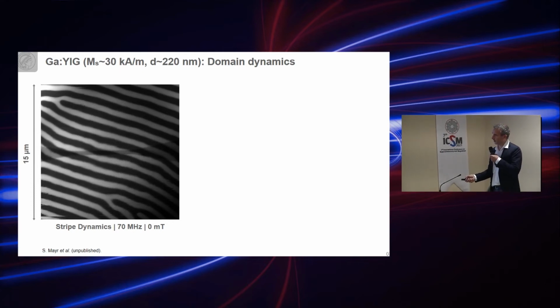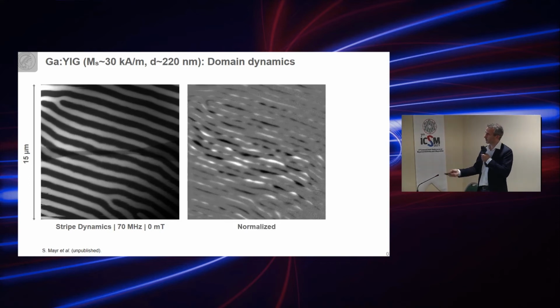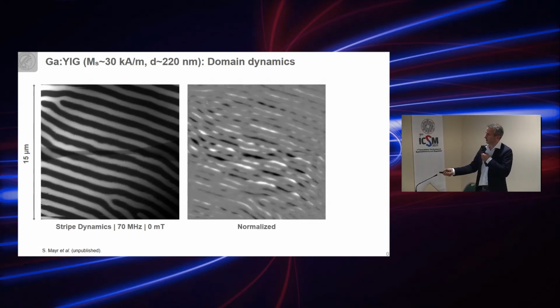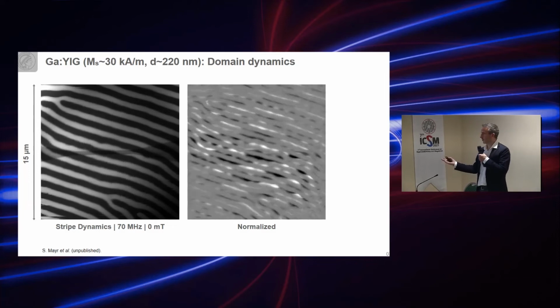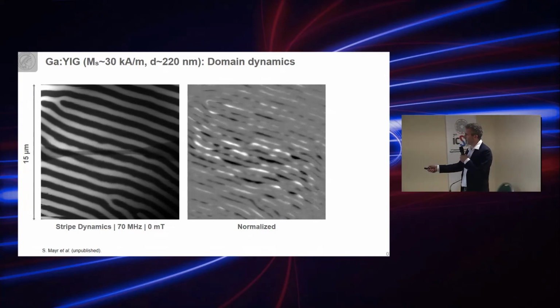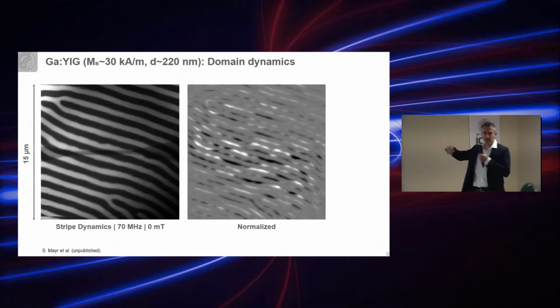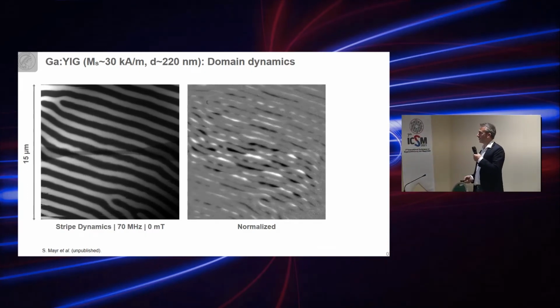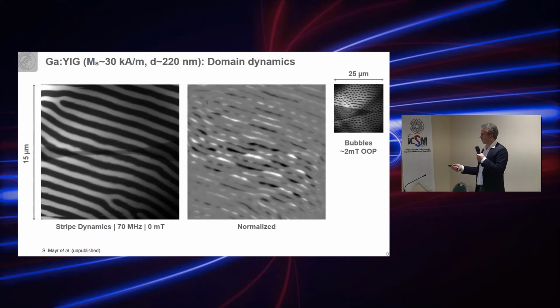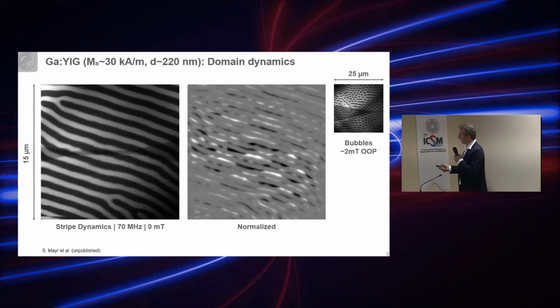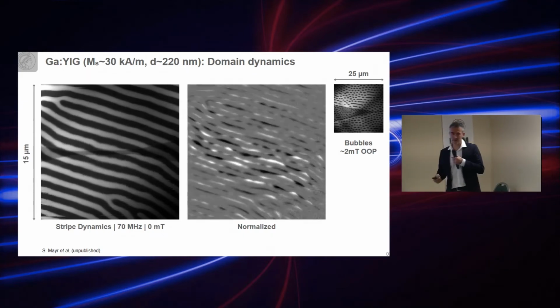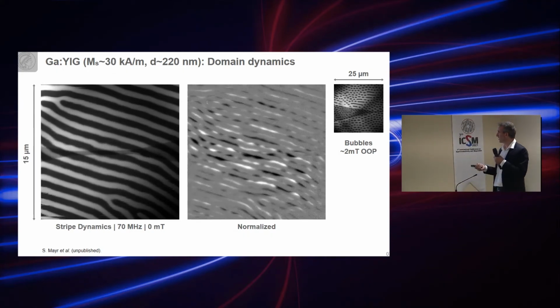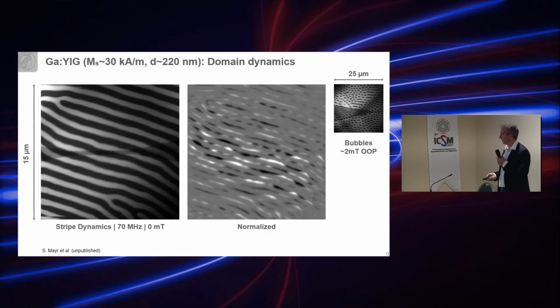And thanks to this low damping, you can also see very nicely confined waves at the domain walls, or it's just a mode of dynamics of the domain. And in the same materials, if the correct fields are applied, you can also form such a bubble or skyrmion bubble crystal here and also excite that.